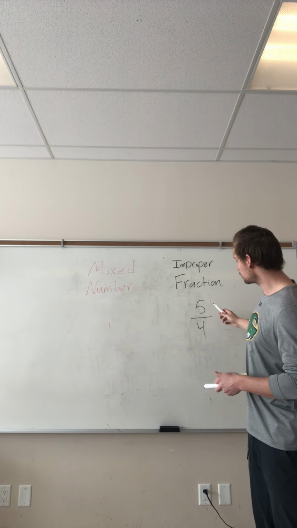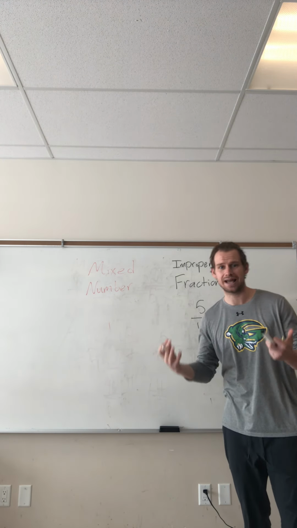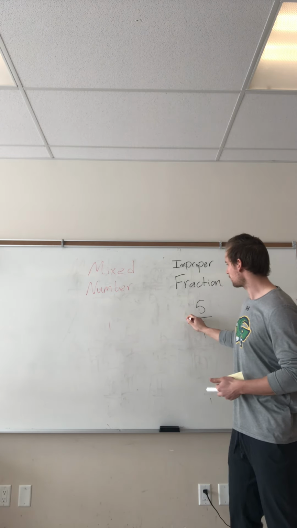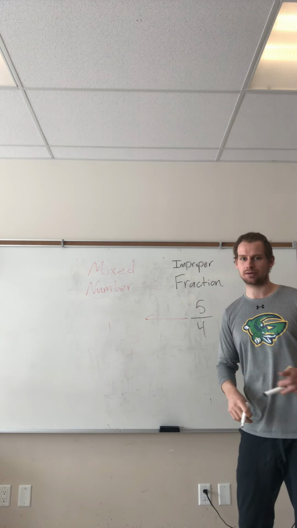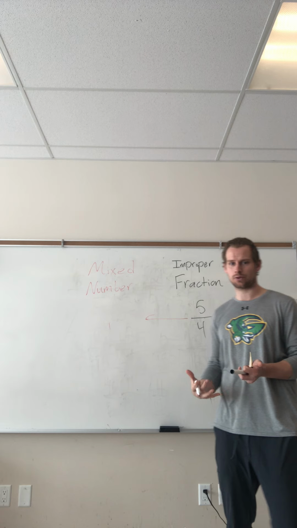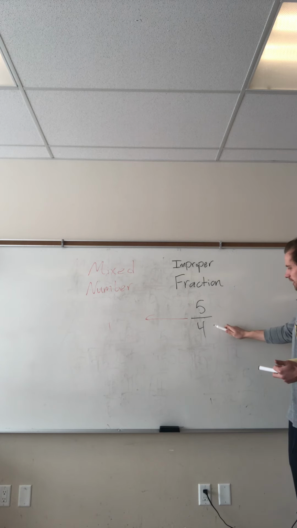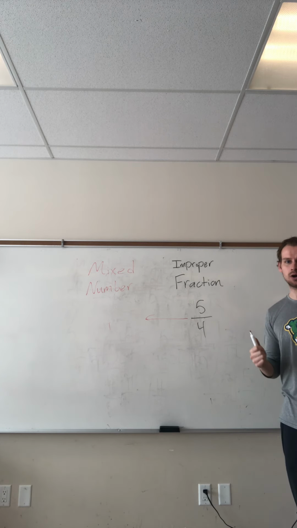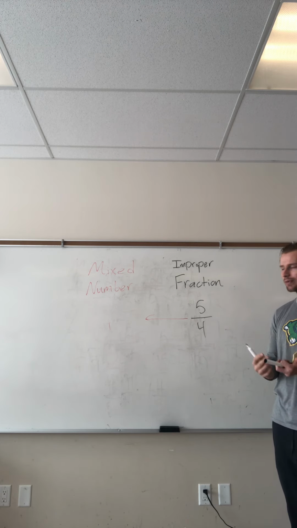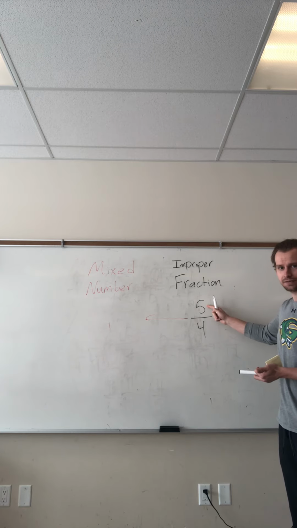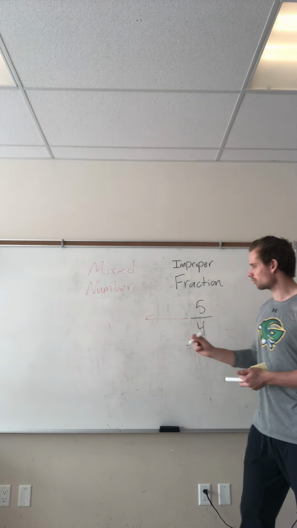The other thing that you might be asked to do is change this improper fraction back to a mixed number. And to do that, it's fairly straightforward. We would take a look at our fraction 5 over 4. We would say to ourselves, how many times does 4 go into 5 without going over? So 4 can fit into 5 one time without going over.